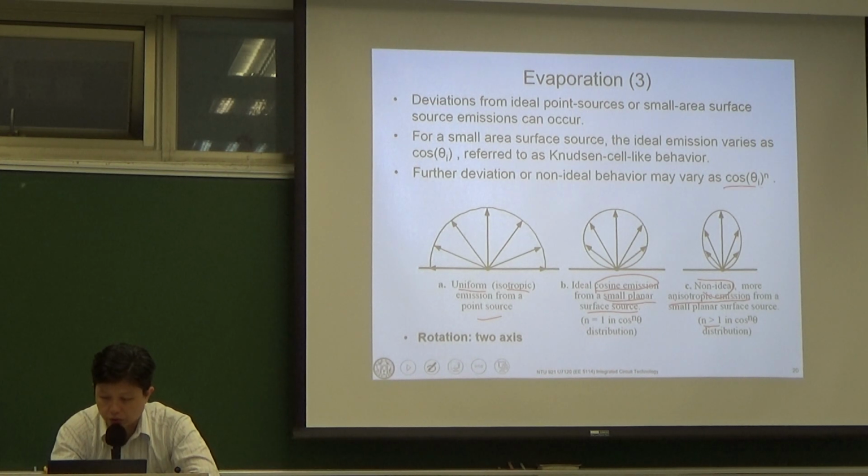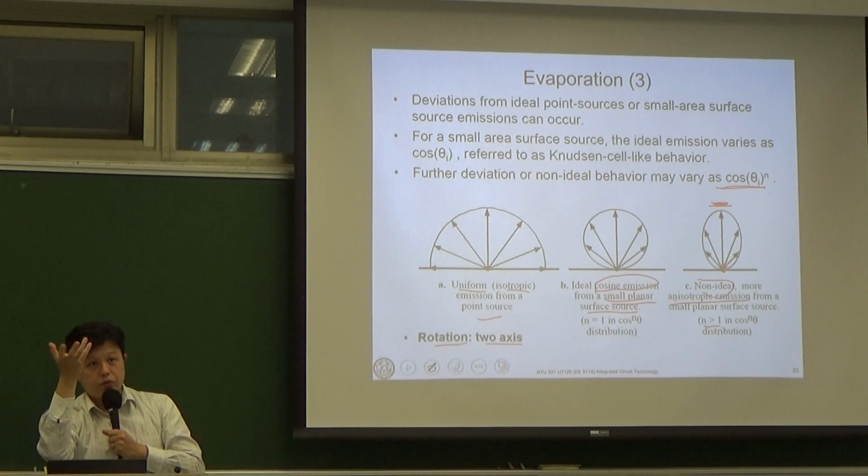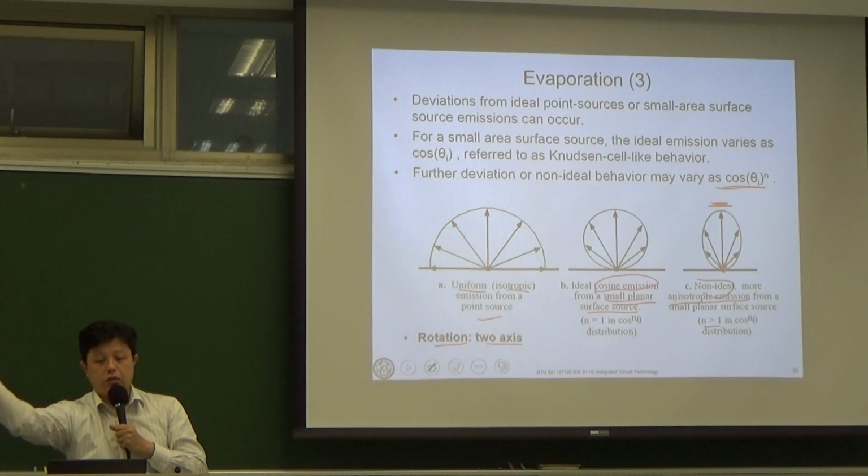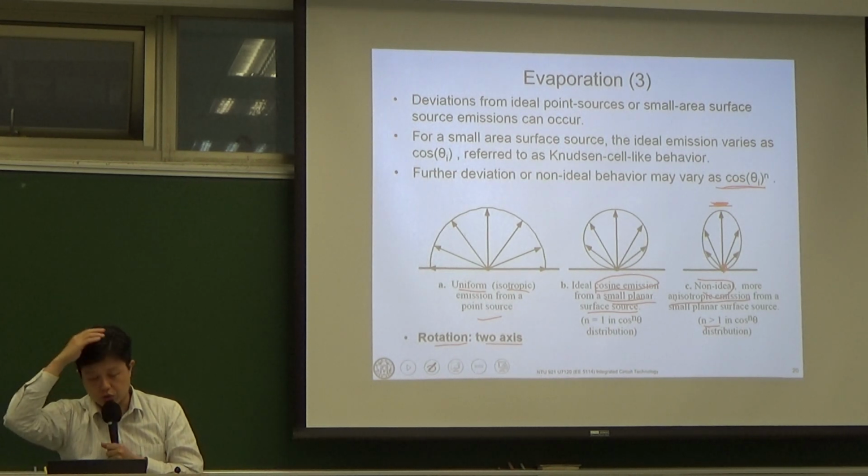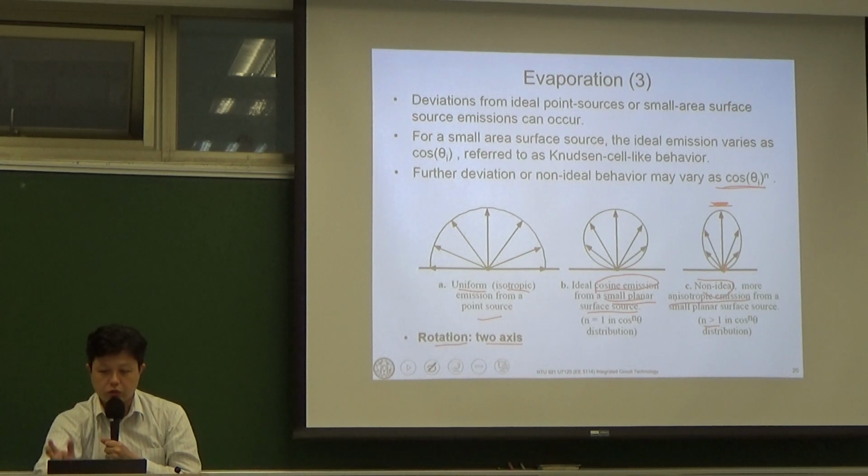If you have this term, it means you have a very strong angular dependence, and on top of your source will give you the largest deposition rate. Okay, and we can use rotation, these two axis rotations. One is you can rotate the wafer by itself, and the other one is you can rotate around your evaporation source. This kind of two axis rotation can help you reduce these non-ideal behaviors.